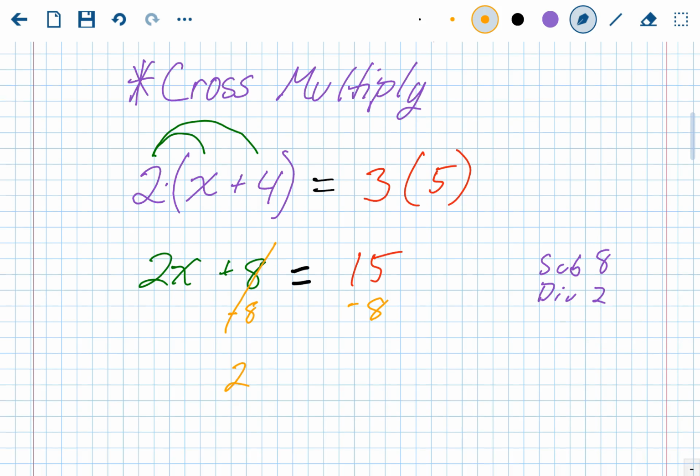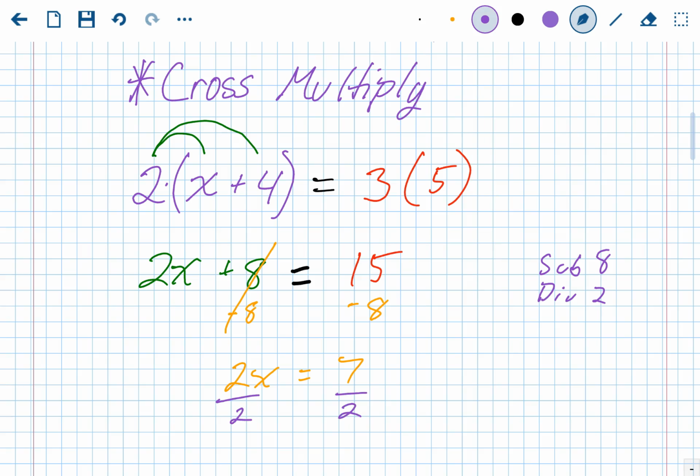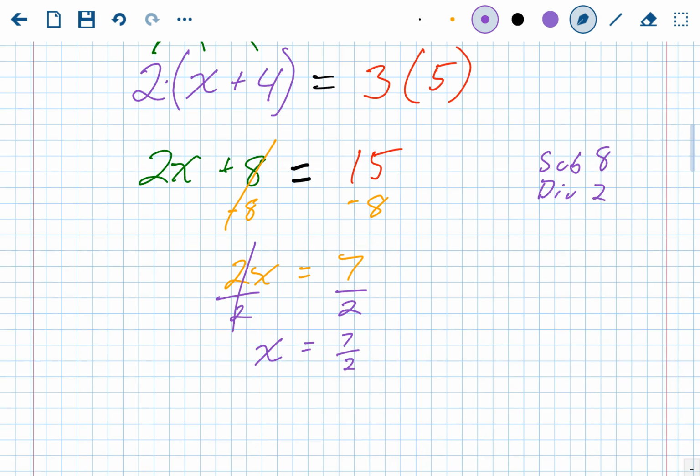And we're left with 2x equals 7. Divide both sides by 2. You get x equals 7 halves. 7 over 2. Again, just leave it as a fraction. Don't make it a mixed number. Don't make it a decimal, even though this is a nice decimal.